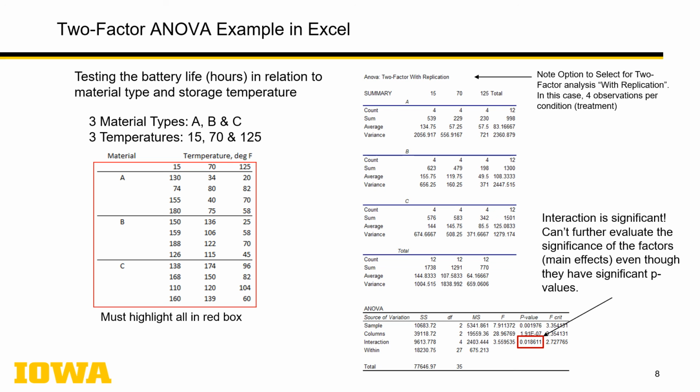So again, what we would hope for is that this is greater than 0.05 for the interaction. Then we cross that off the list. Now we're going off to the right side of that chart. Interaction is not significant. Now I can look at the p-values on the factors and determine which one of those two is significant or not, if not both of them.